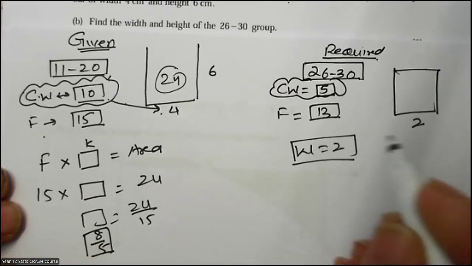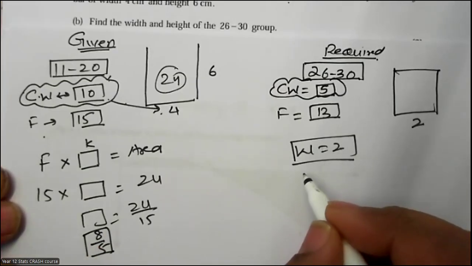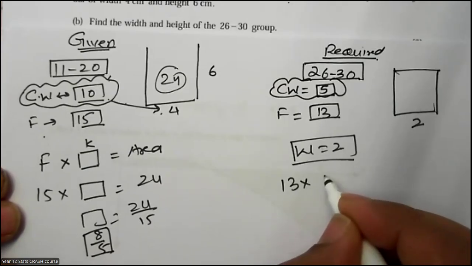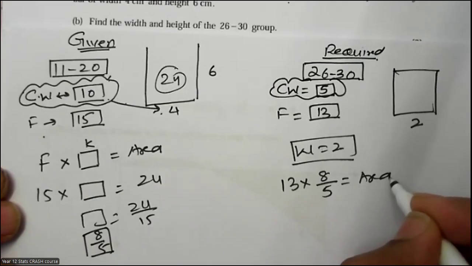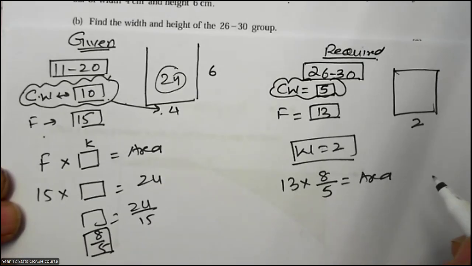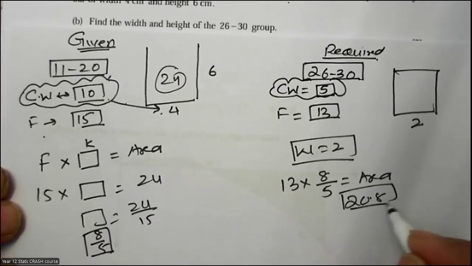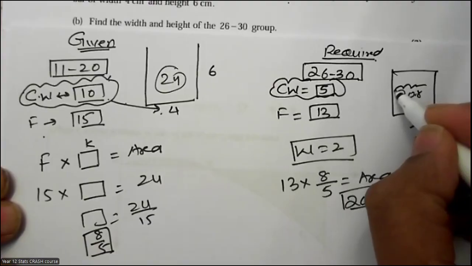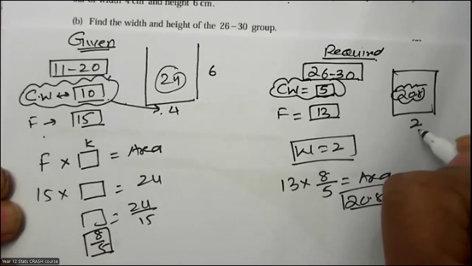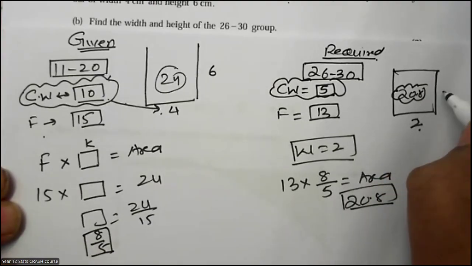Okay, so over here as well, we have to follow the same process. So frequency 13 times 8/5 should give me the area. And 13 times 8/5 gives me 20.8. So that means the area is 20.8, and if the area is 20.8 of a rectangle, width is 2, so height would be 20.8 divided by 2.